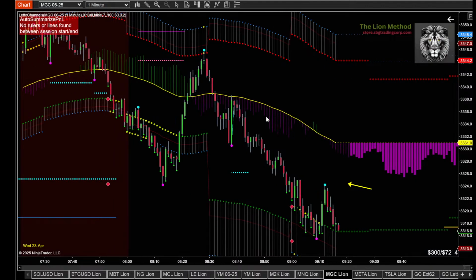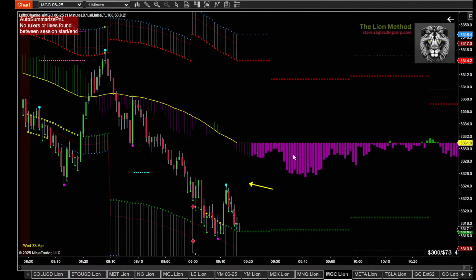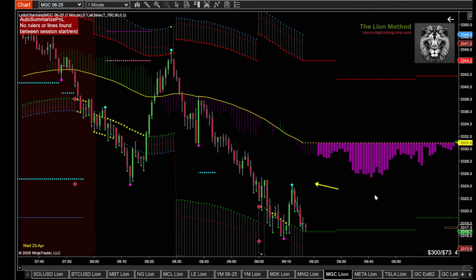Back to the discussion of these. You see a green histogram here. It's kind of faint. And I see a red histogram here, and you see a red histogram here in the future. What that shows us is the average price above or below the 100, or the midline, in all of our history.